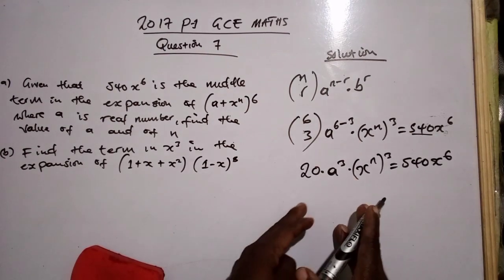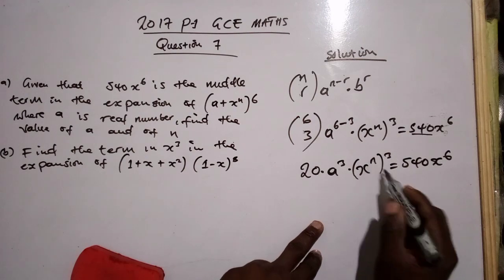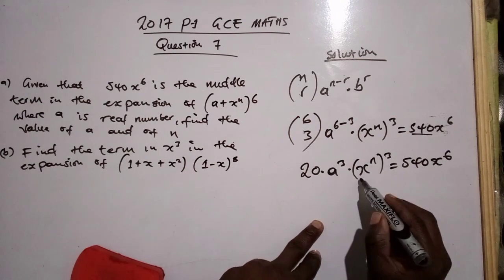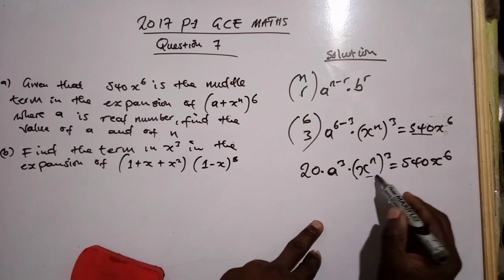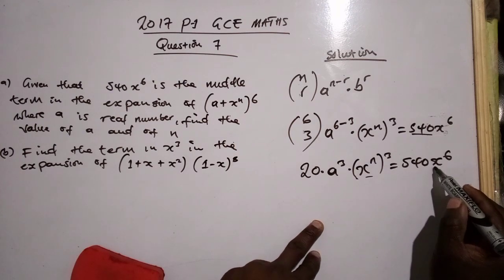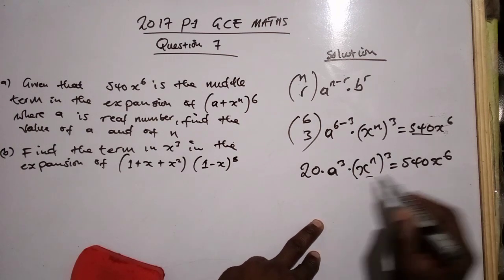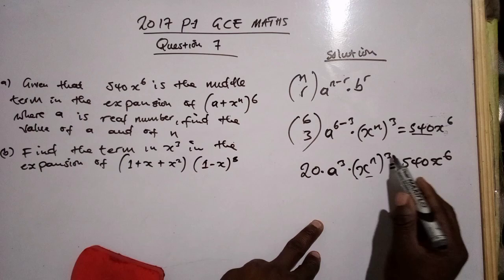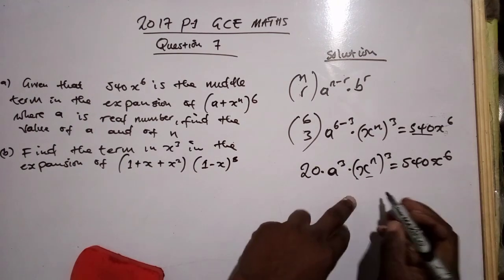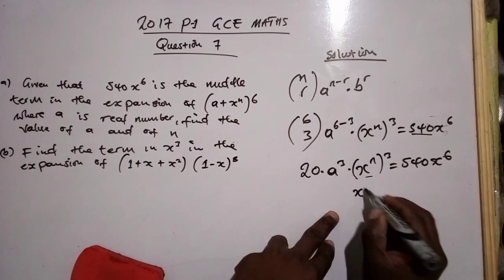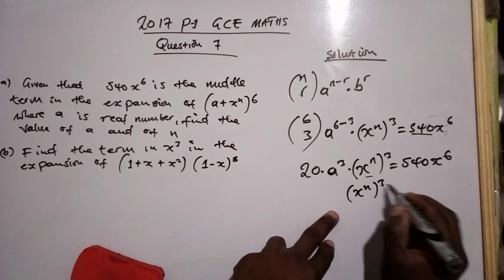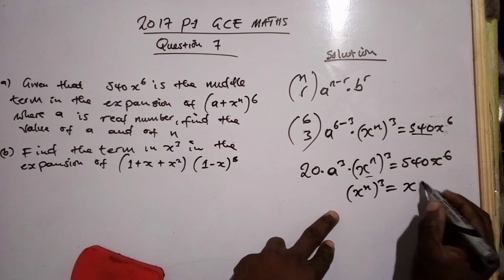When finding the value of n, you have to ignore this number. We have to equate x to the power n to the power 3 to x to the power 6.